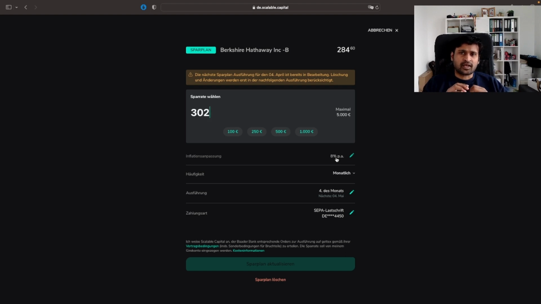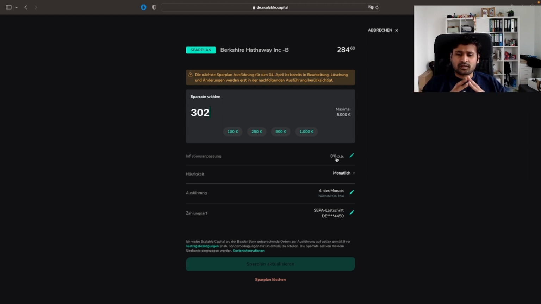So I just put in 8% here, which means that my monthly savings keeps on increasing month on month up to 8% per annum. This gives me an advantage of going together with the inflation, so that I'm not under-investing to gain wealth creation over a long period of time.